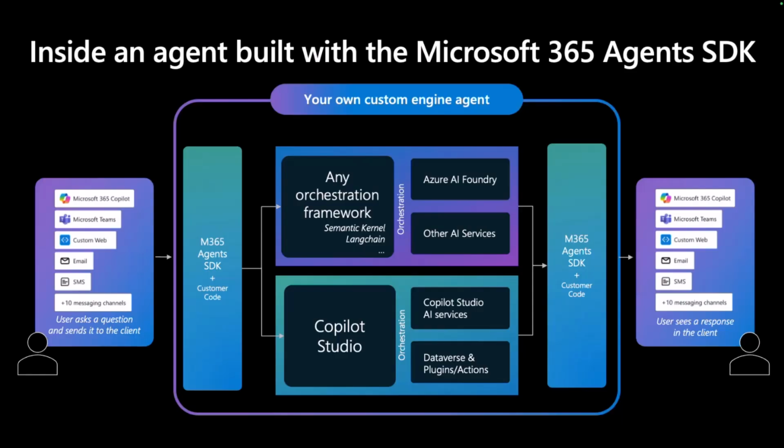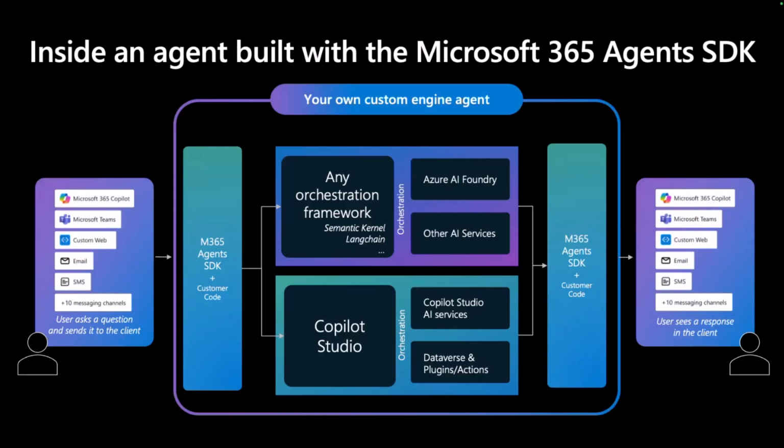Quickly, a recap before we jump into the demo. We are building an agent that can communicate with multiple channels, including Teams, Copilot, custom web, email, and multiple other channels like Meta, all of those available for you already. You can publish a single agent in multiple places. The way to build this is by bringing your own orchestration and your own model.